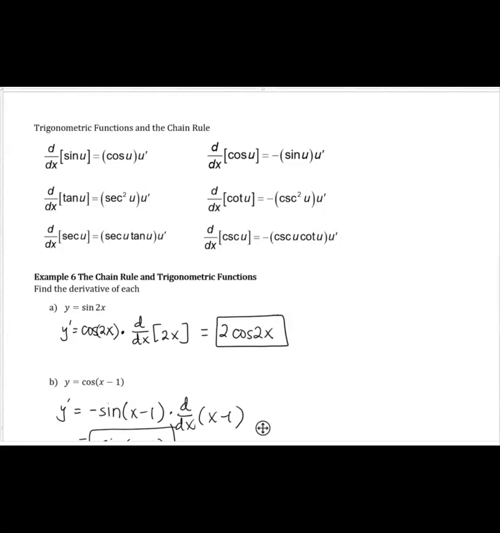So for instance, this version here, in our case, our u was y. We're trying to take the derivative of cotangent y.